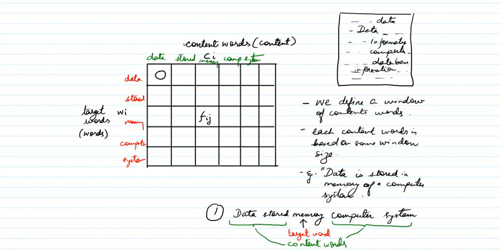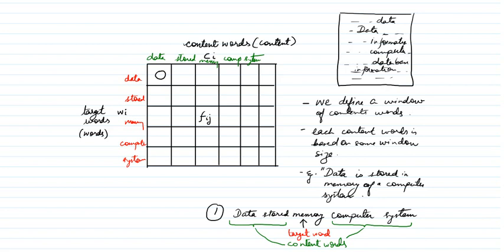Not taking this memory as the context word, sorry, the memory as target word. So memory is the target word, and data, stored, computer, system are the context words, right?